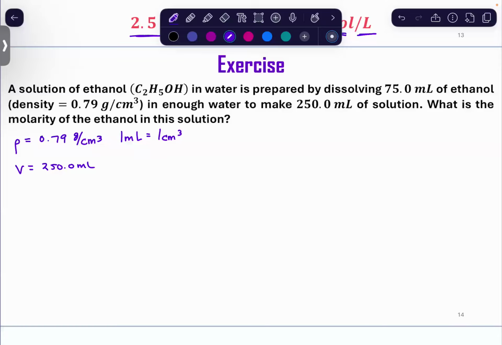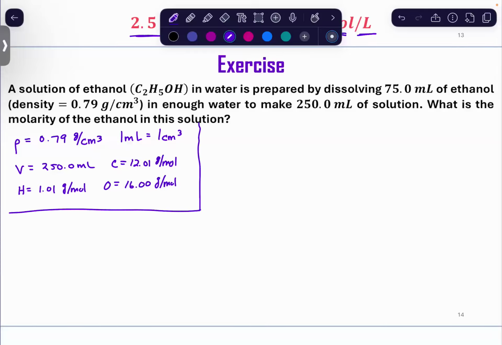But I notice that density gives me a mass, but I'm going to need moles, which tells me I'm probably going to have to figure out a molar mass. For ethanol, we have carbon, hydrogen, and oxygen. And this is a pretty decent list to help me solve the problem. And then, of course, the exercise itself is asking me for the molarity, the concentration.